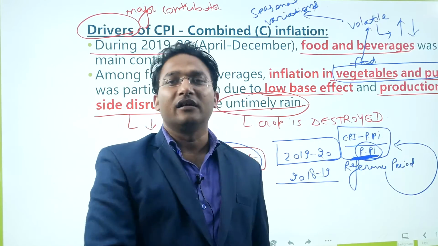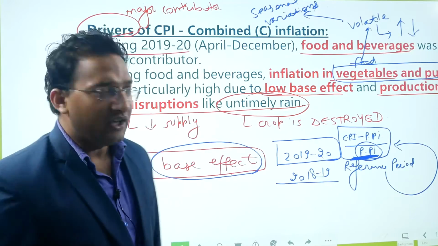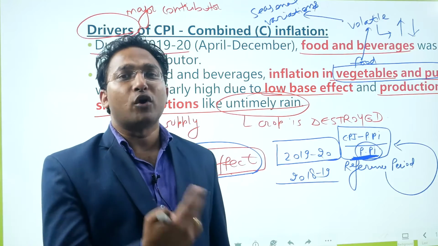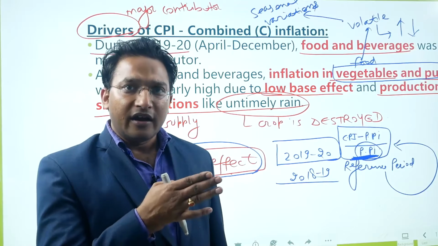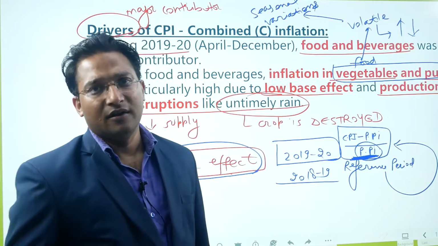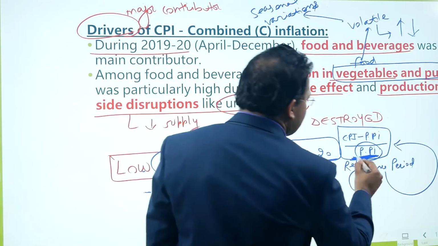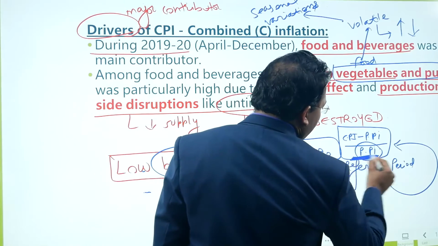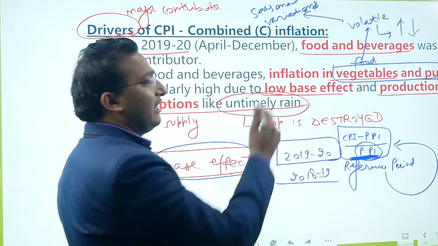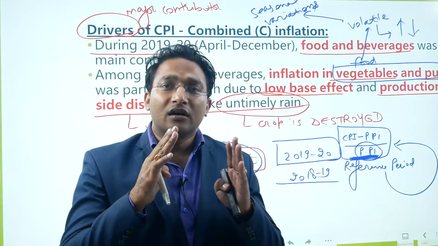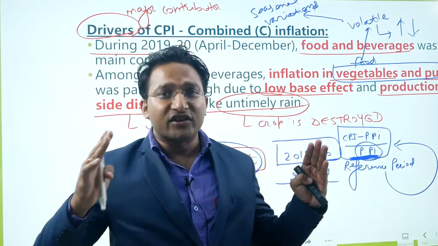In a reverse situation, if last year there is good production and the rate of inflation remains stable, this base figure will be low, and the rate of inflation will increase.